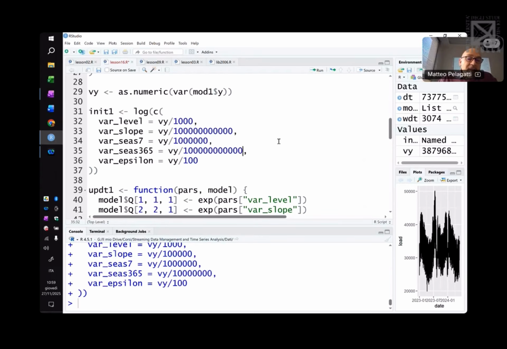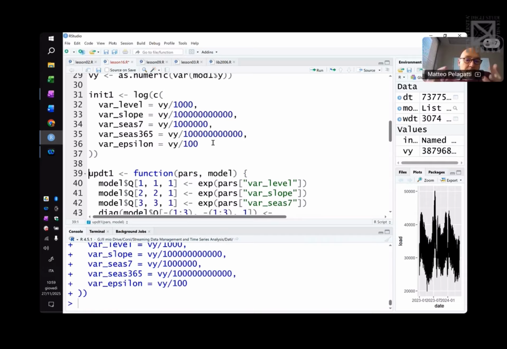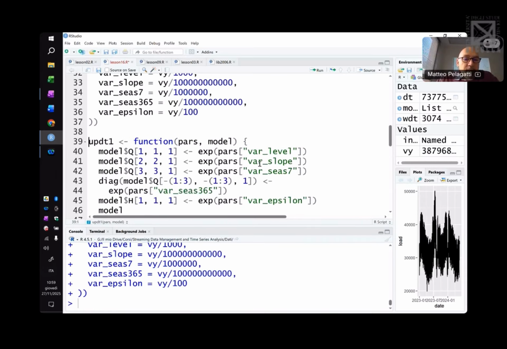And finally, this is the observation noise variance, and that's closer to the variance of the original time series, because you added that noise to the signal. So the unit of measurement is closer. And so, for example, in this case, I just divided by 100. So these are just sloppy guidelines for determining some decent initial values.